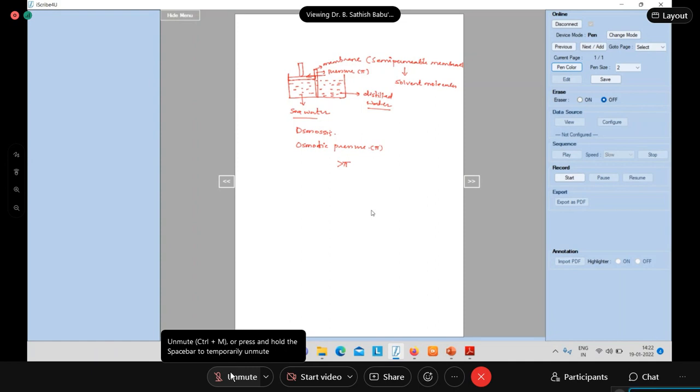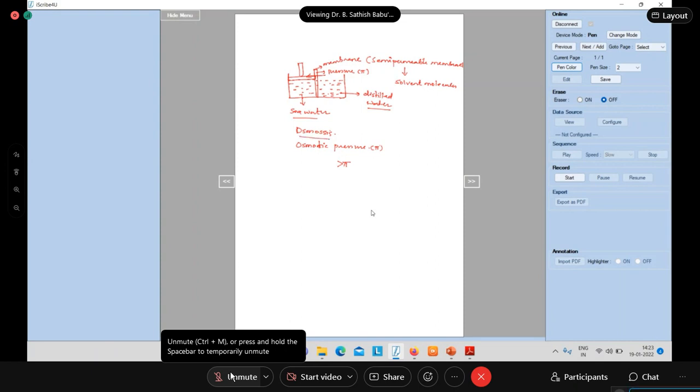Okay. So think that this seawater and distilled water are separated by a semi-permeable membrane. There will be a movement of water molecules from the distilled water side to seawater, and this process is called osmosis, right?